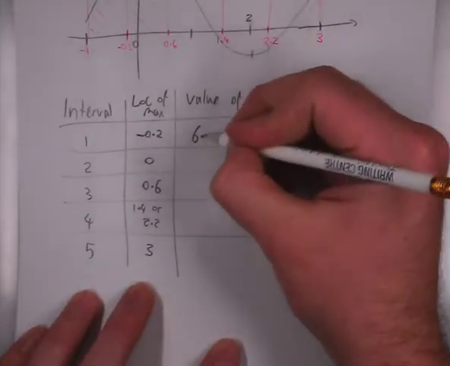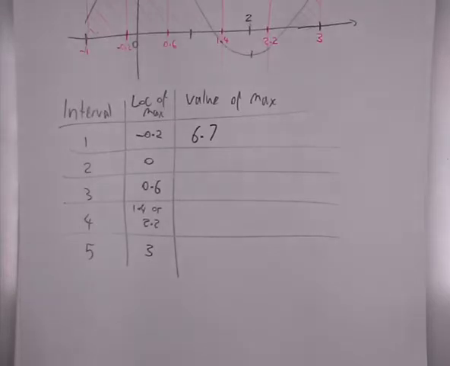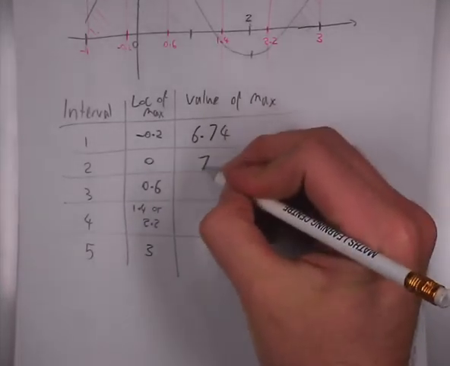So 6.7 when I sub that into my formula. And now that I've actually done my show of calculating it by hand, I'll go to my pre-prepared answers and tell you what the rest of them are. So I'll go a couple more decimal places. If I sub in 0, it comes out to 7.